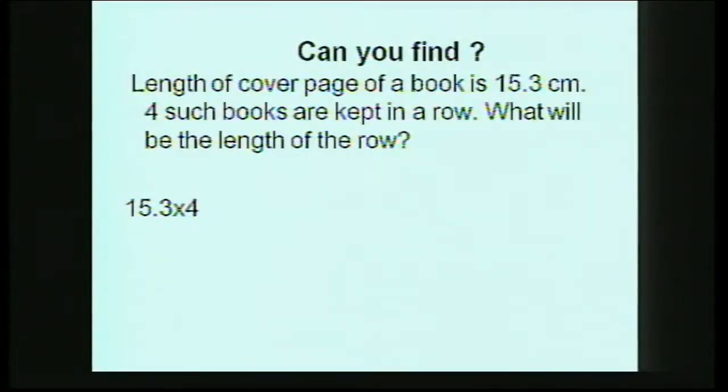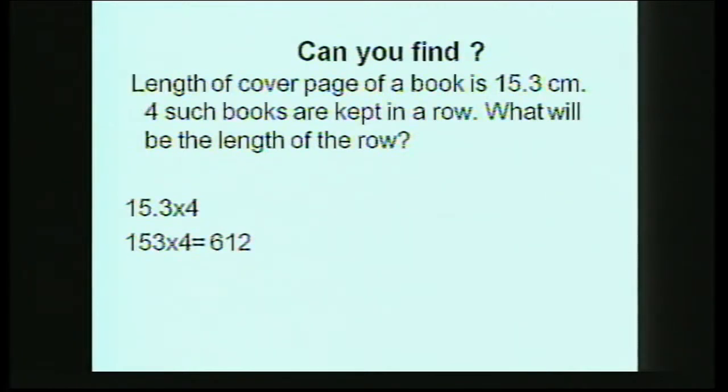15.3 centimeter into 4. By multiplying, you can ignore the decimal first, that is 153 into 4, you will get 612.